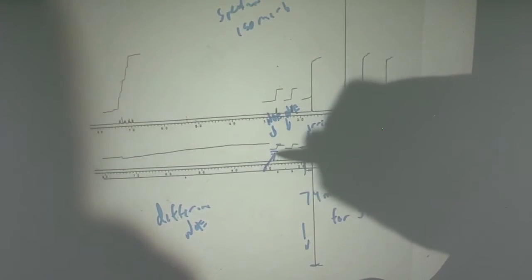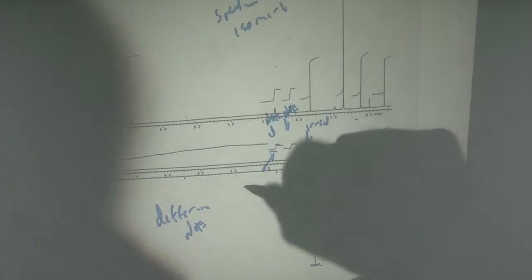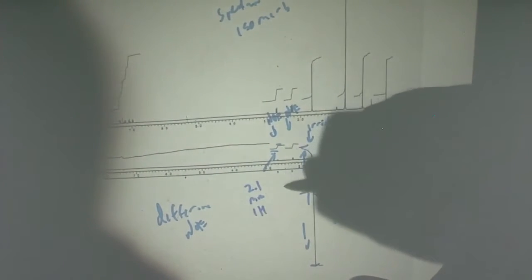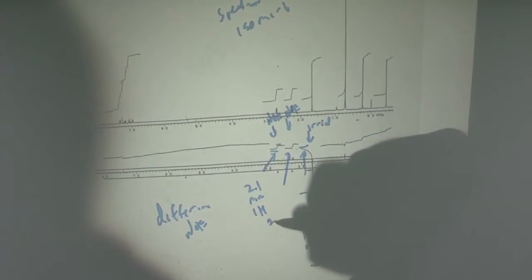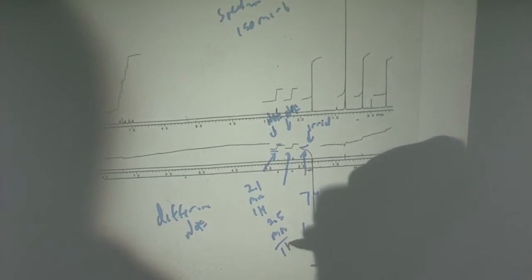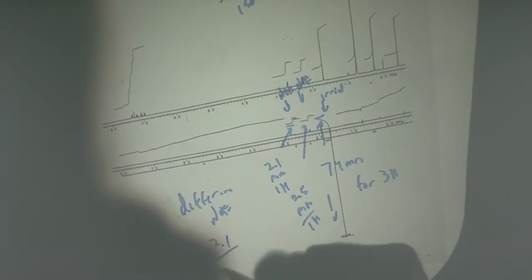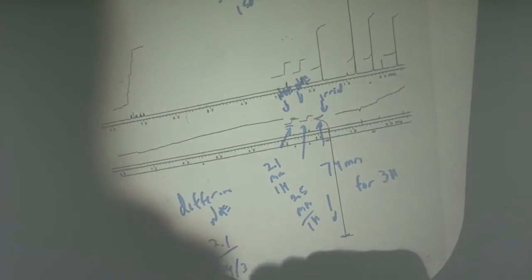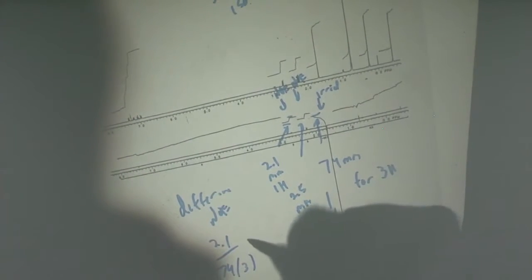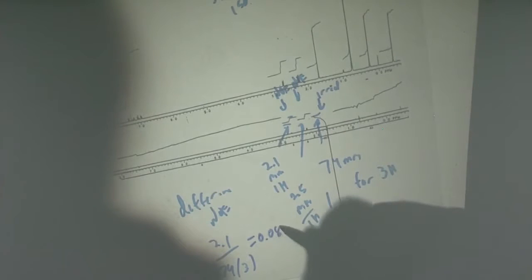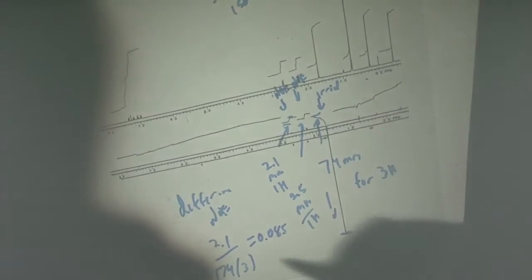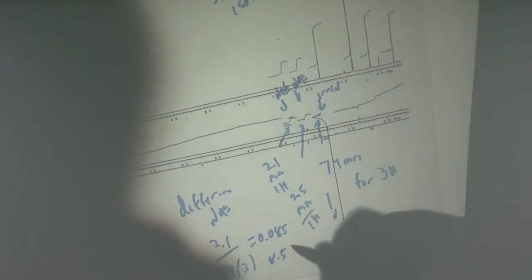And over here, I slap my ruler on this integral, and it comes out to 2.1 millimeters for 1 hydrogen. And over here, it's 2.5 millimeters per 1 hydrogen. And so if I take 2.1 divided by 74 divided by 3, I find that that's equal to 0.085, or I have an 8.5% NOE.